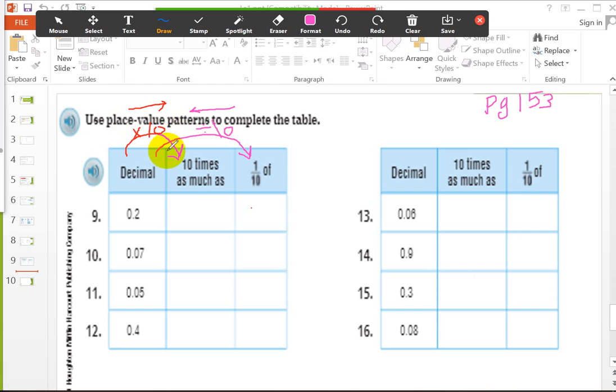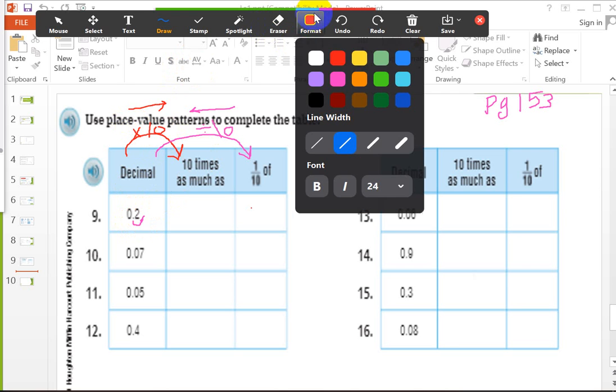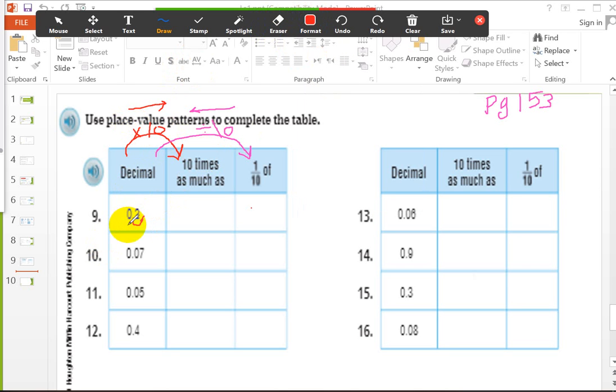That means, Larissa, you have to move the decimal point to the right 1 digit. That means you have to move this 2 from here to here. I write it in red. So if you move it right here, the number will be 2 and 0.0. Thank you, Emma.